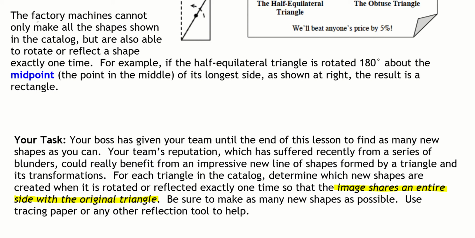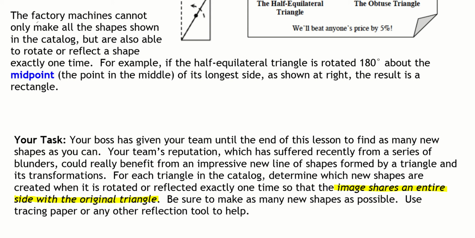For each triangle in the catalog, determine which new shapes are created when it is rotated or reflected exactly one time, so that the image shares an entire side with the original triangle. That's an important idea.